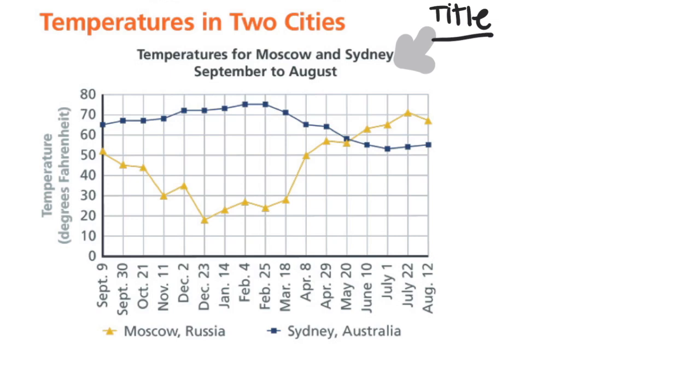So what does it mean if I go to this point right here? Let's say I go to this point right here. What is this telling me? Okay, it's showing me that this was December 23rd, and that it was about 19 degrees Fahrenheit during that season.